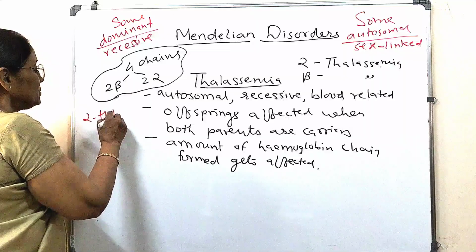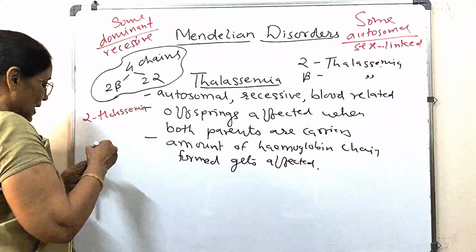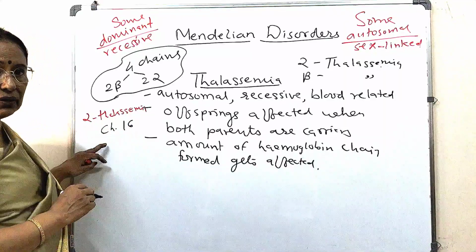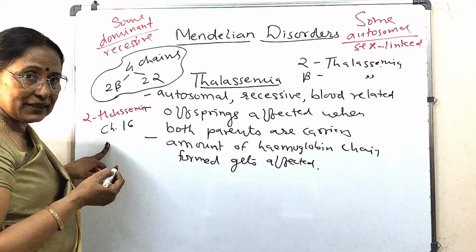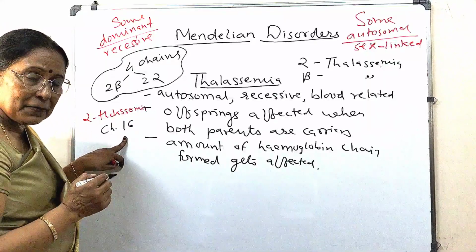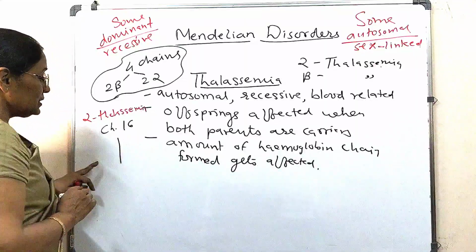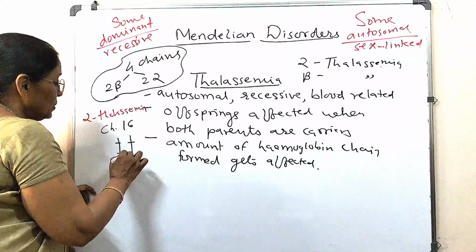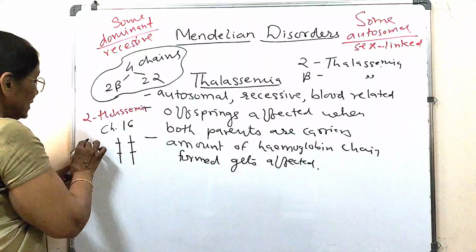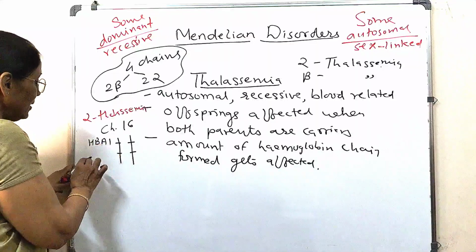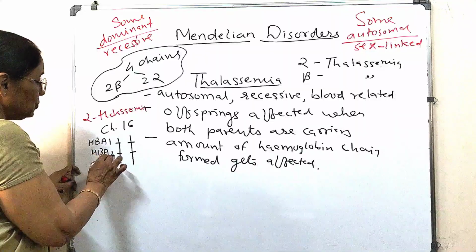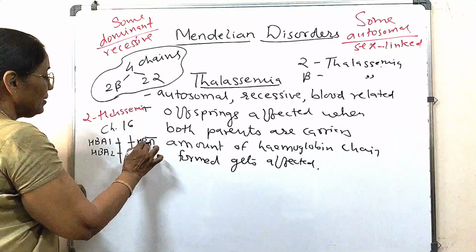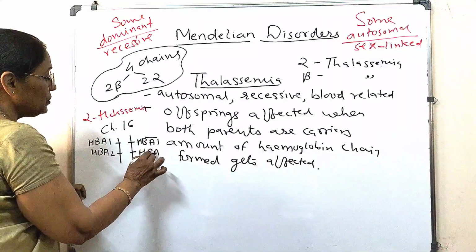This alpha thalassemia, students, its genes are present on chromosome 16. Chromosome number 16. Remember, it should click immediately which MCQ points are coming. This is chromosome number 16, and this is one pair of homologous chromosomes. Each chromosome has 2 genes, HBA1 and HBA2. Similarly, on this homologous chromosome also, HBA1 and HBA2.